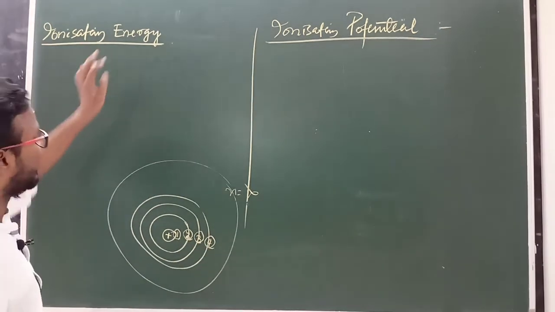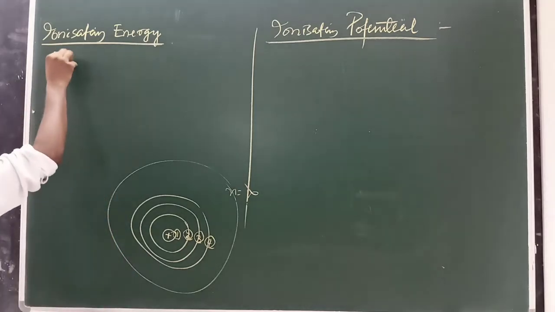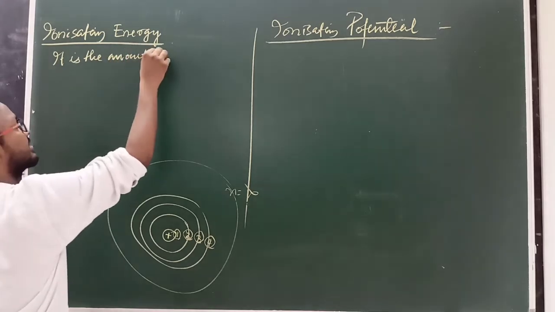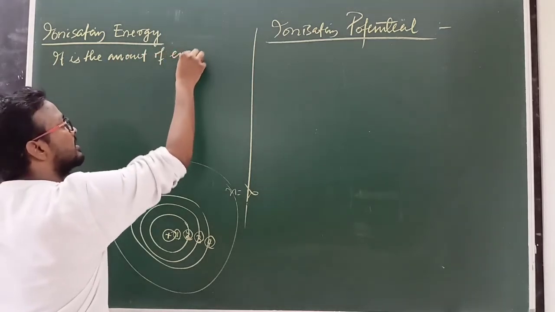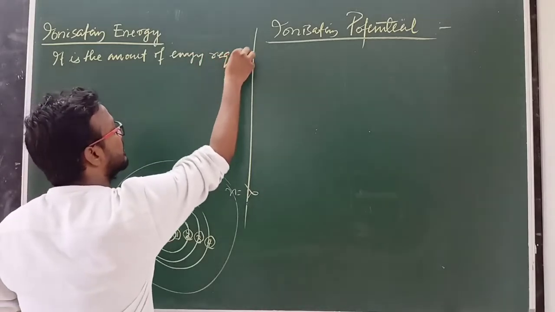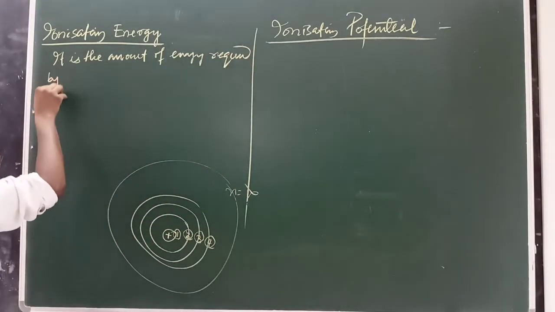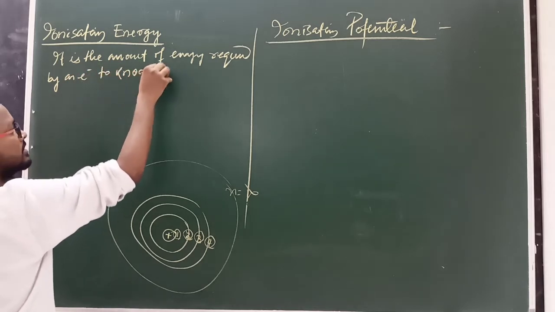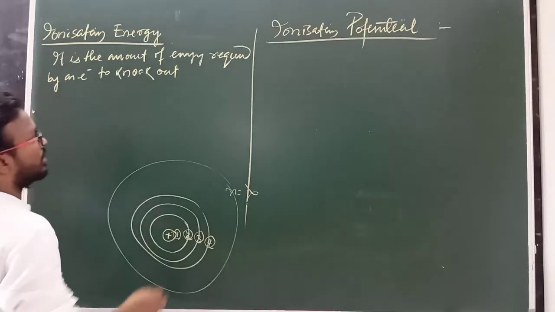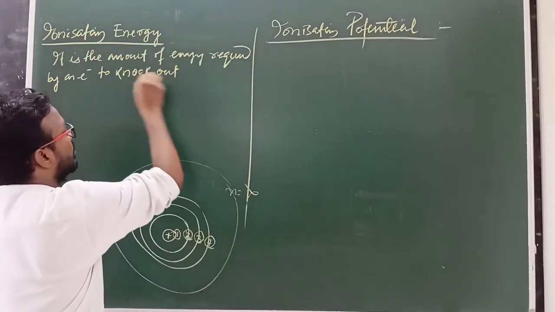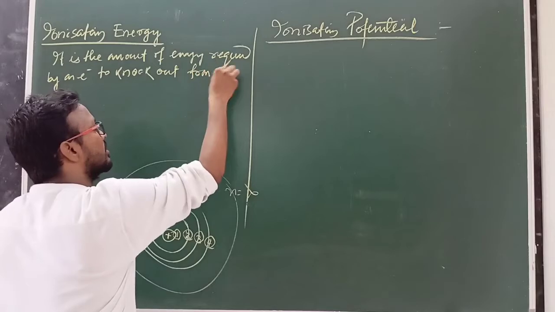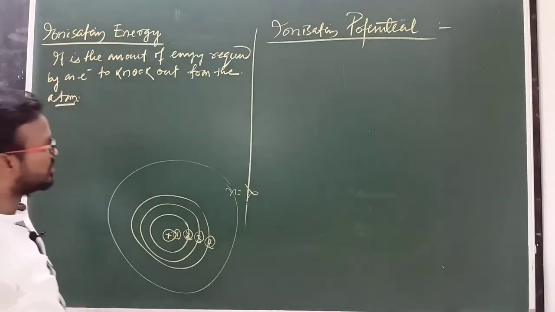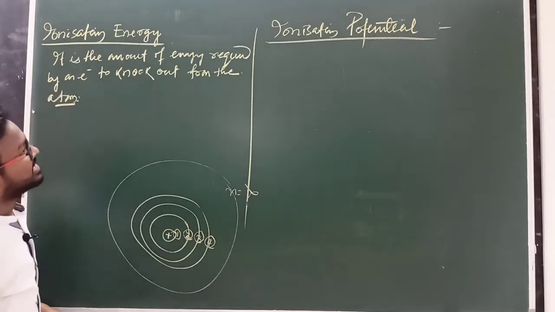So what is the meaning of ionization energy? It is the amount of energy required by an electron to knock out or detach from the atom, and that amount of energy is known as ionization energy.